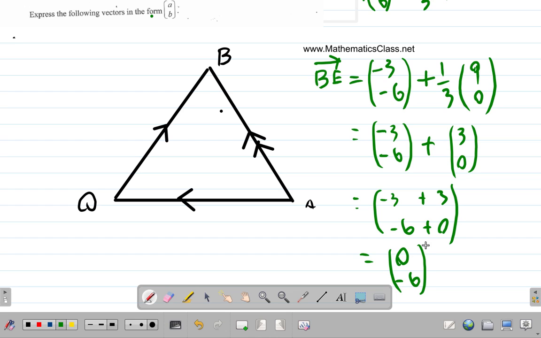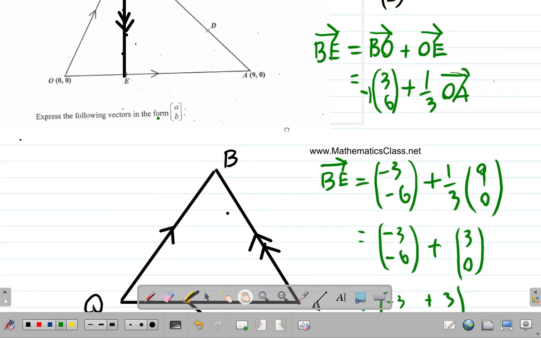What this is suggesting is that BE, to go from B to E, you neither shift left nor right along X, but you go 6 units down along Y. You don't move left nor right, but vertically you move straight down 6 units.